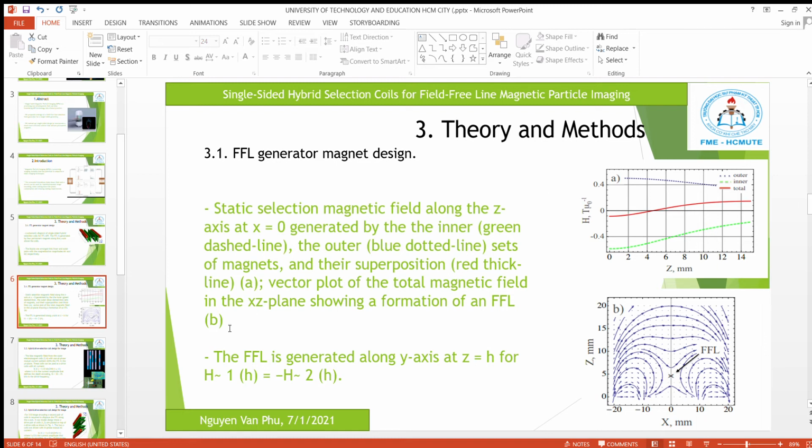A plot of the total magnetic field in the x-y-z plane showing the formation of an FFL. The FFL is generated along the y-axis.